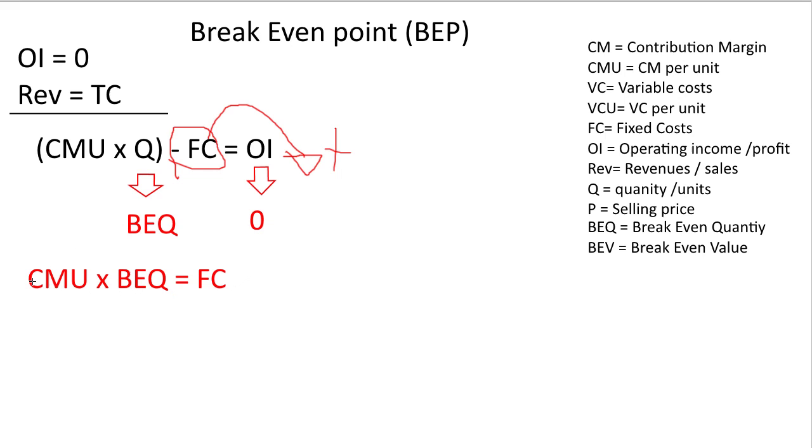So contribution margin per unit times the break-even quantity equals your fixed costs. Now from here I can rearrange it. So the break-even quantity equals your, and let's add a line for the fraction, your fixed costs over your contribution margin per unit. Now all of this here is in units, quantity.